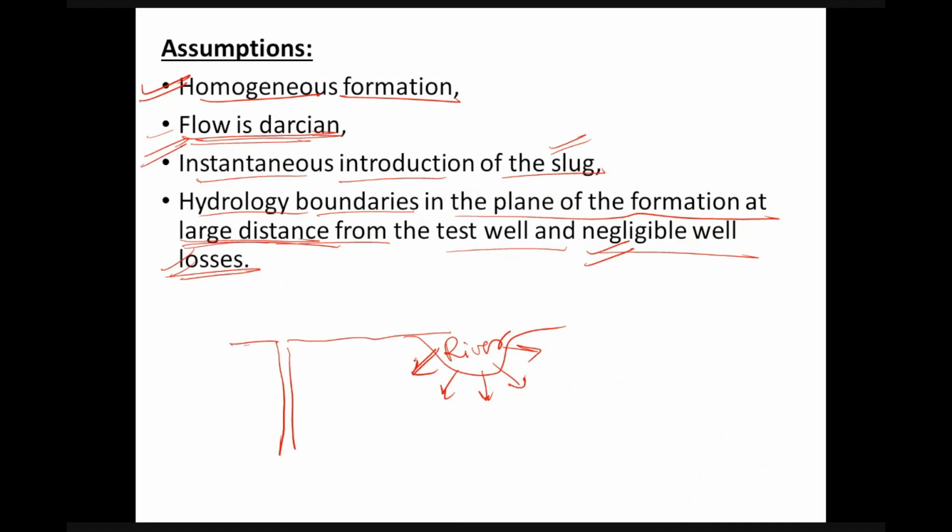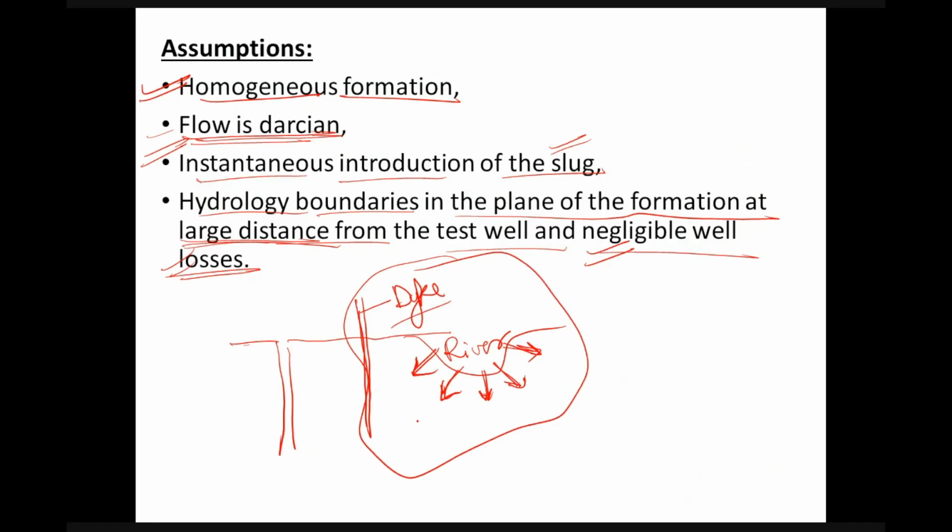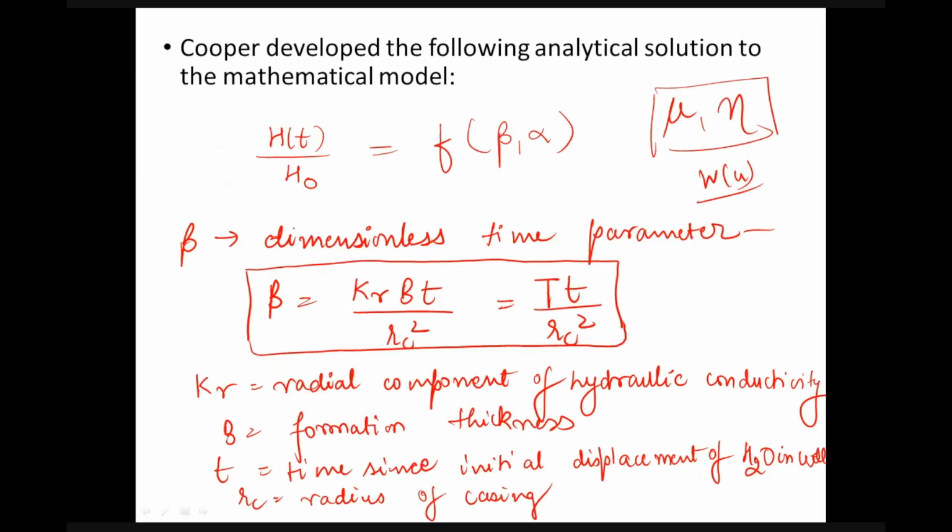So this is basically a recharge boundary, or we can say a constant head boundary, or we can have a no flow boundary. We can have a dike over here. So we are neglecting these things, that they are present at some very large distance from the well, and there are no losses of water from the well.